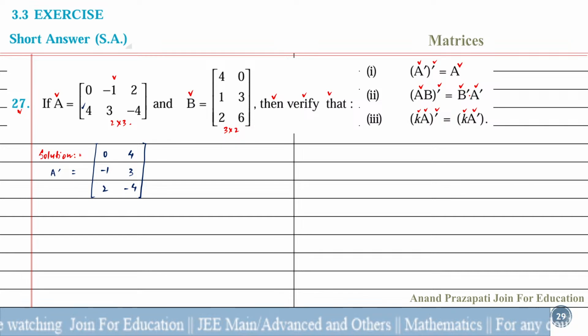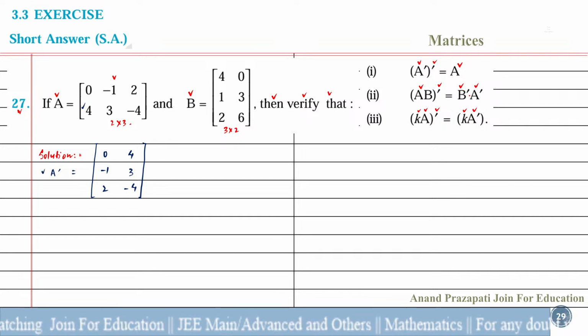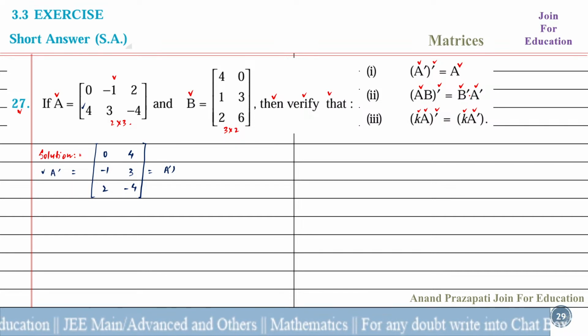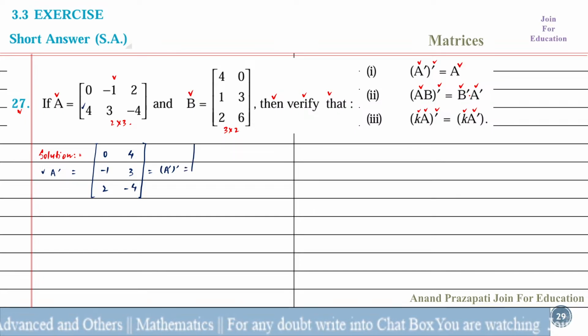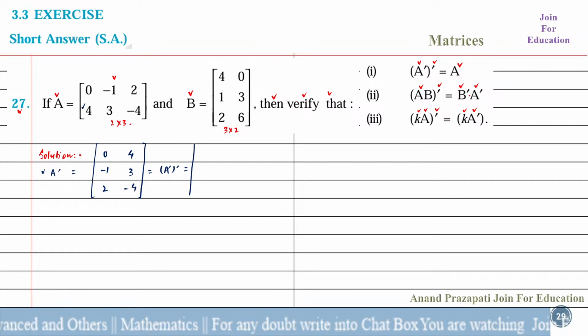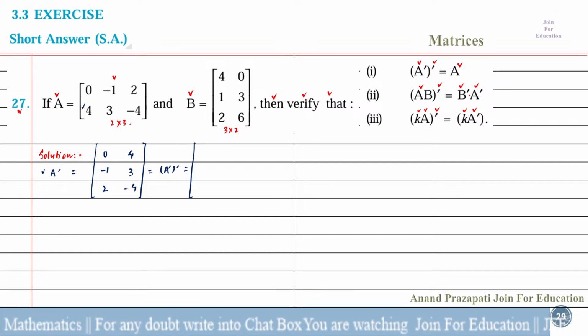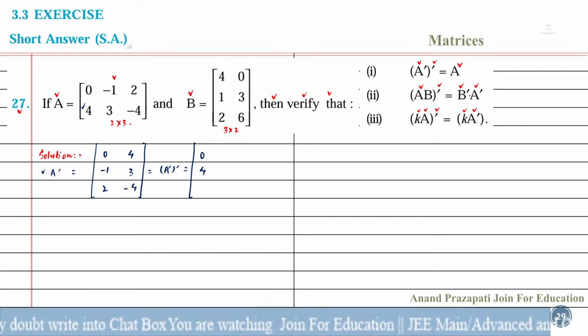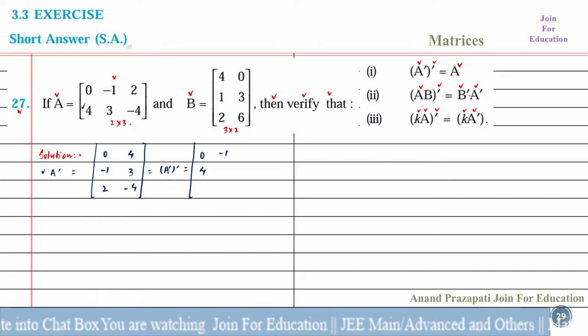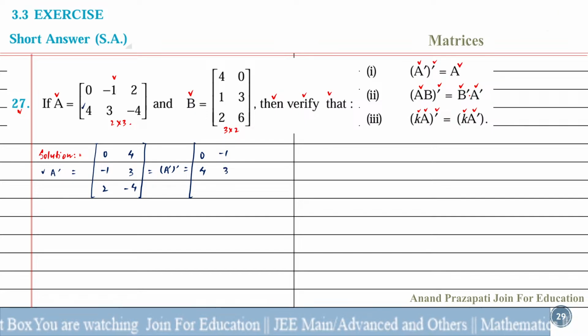Again we transpose this one. Then we write down here transpose of transpose of A. Then here the first row will be the first column, so 0, 4. Second row is the second column, therefore minus 1, 3.